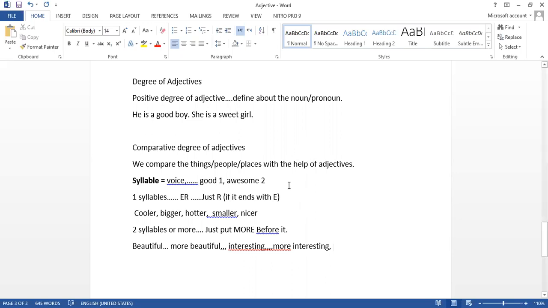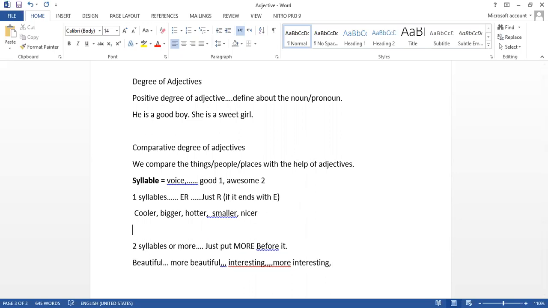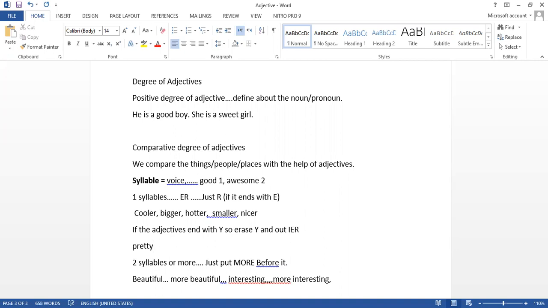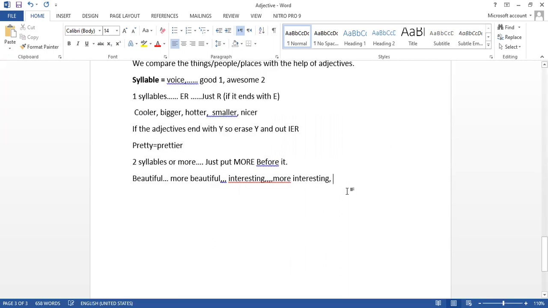Now, I forgot to share one thing over here. If the adjectives end with y, erase y and put ier. For example, pretty becomes prettier. Clear?